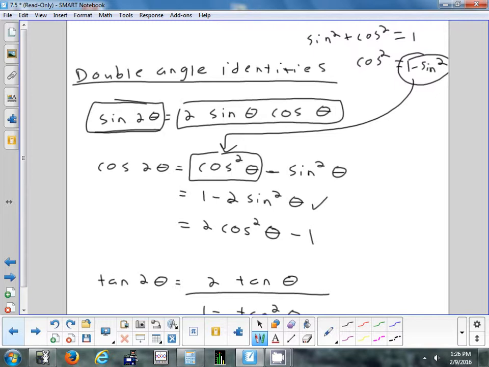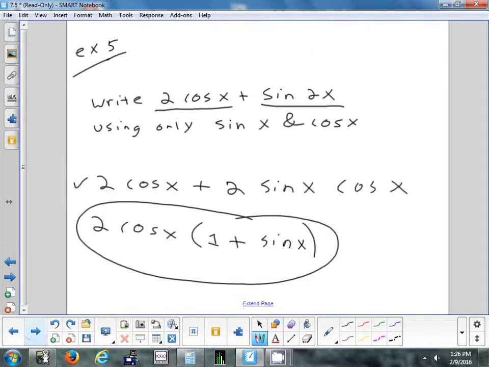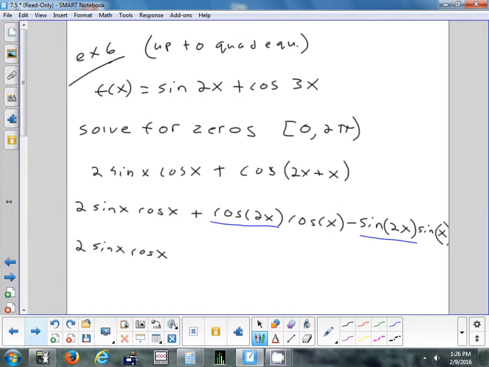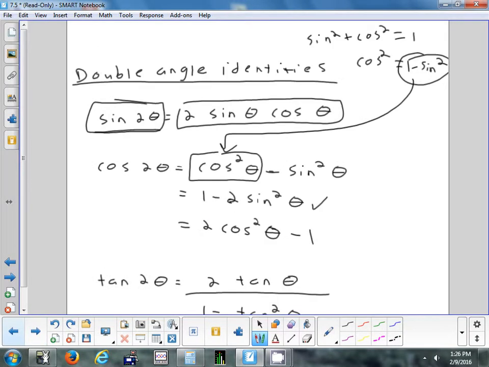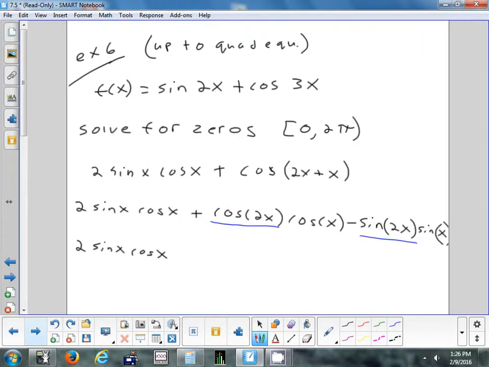If you use the top one, it's got two. So try to pick something with one. And the other reason why I'm picking sine squared, you'll see in a second. So we're going to write cosine 2x as 1 minus 2 sine squared x.